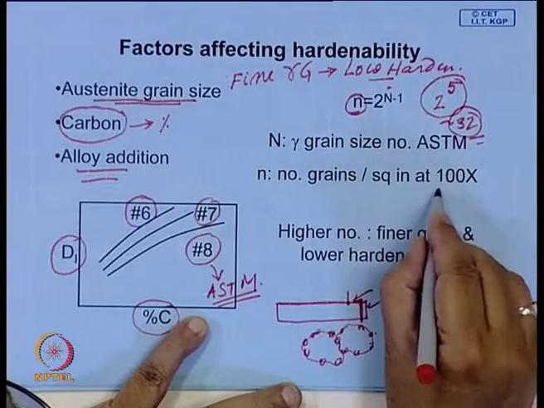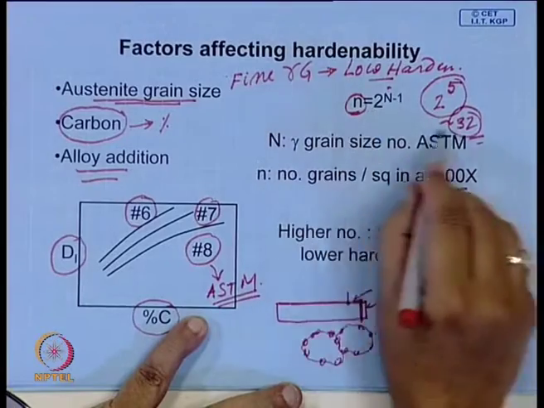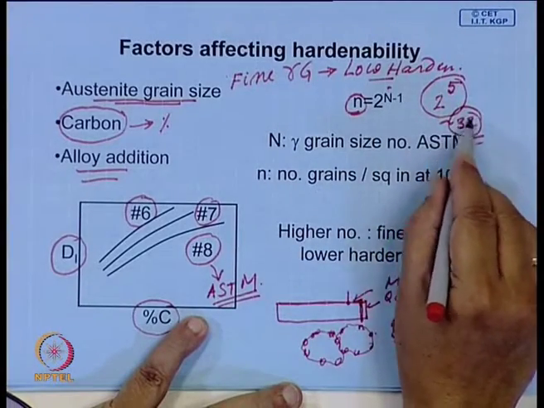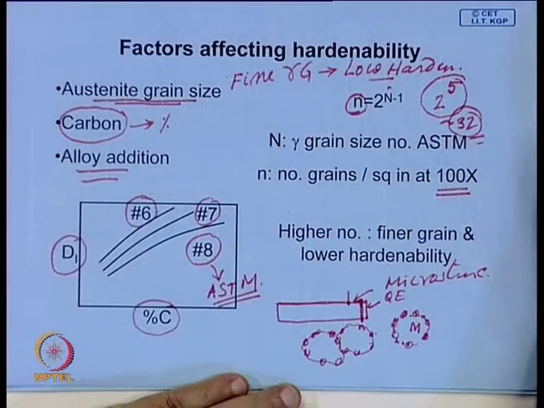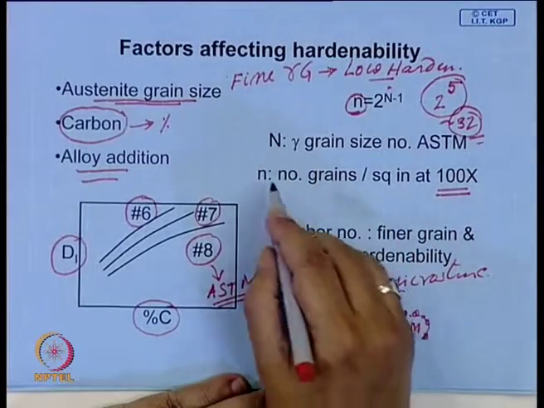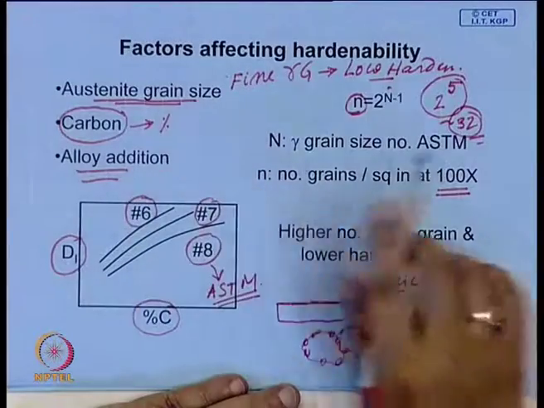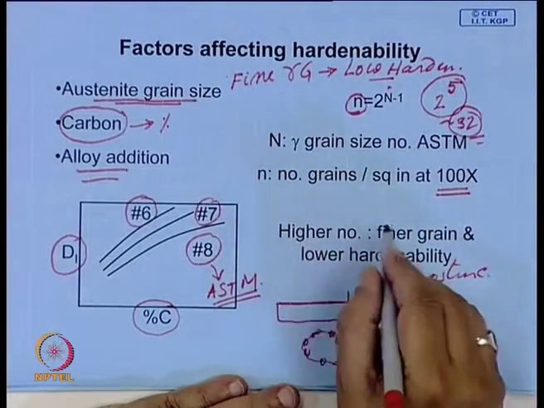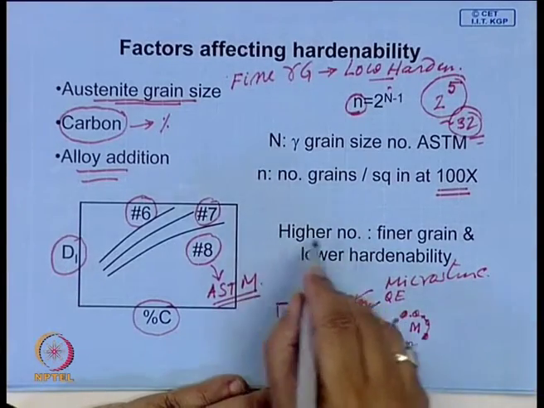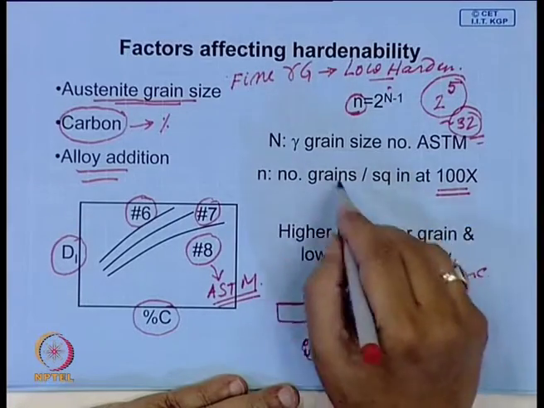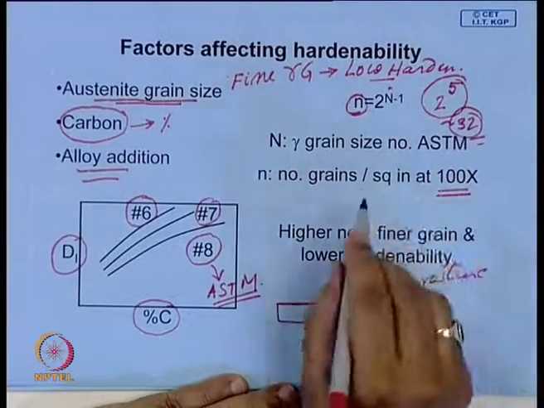If you look at the microstructure at 100 magnification, in that field you will see 32 grains of austenite per square inch. All these procedures were devised at a time when many dimensions were defined in inches. It is possible to convert them to SI units, but the point is that this index represents the number of grains per unit area.